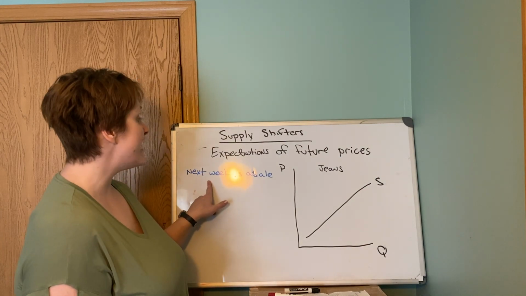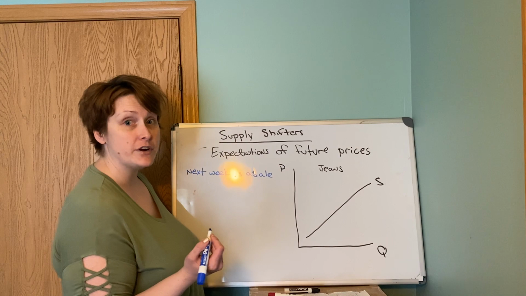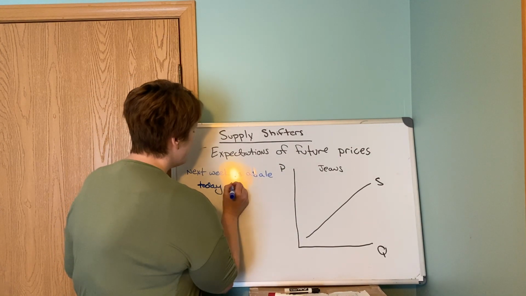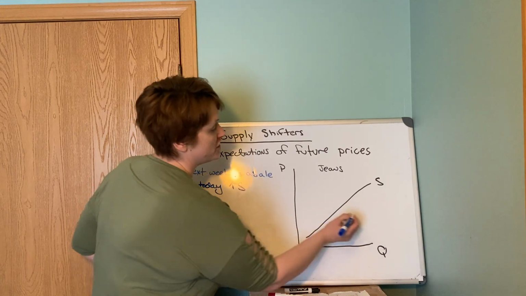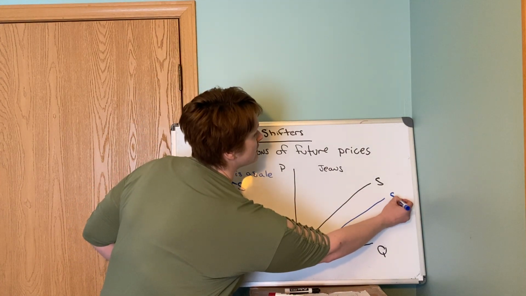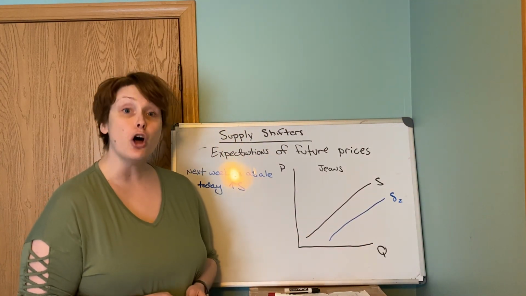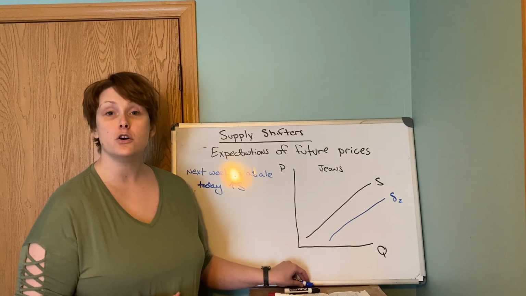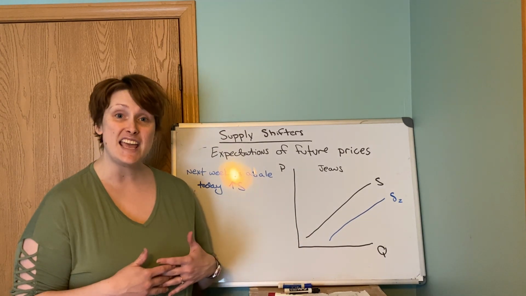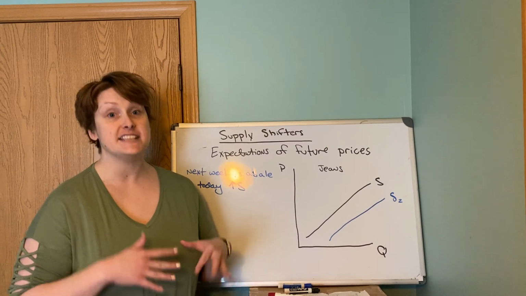So if we expect next week to be a sale, then today we're going to want to increase our supply. So today we increase supply and we shift this curve to the right. So if we have an expectation of a lower price, we're going to unload as much as we can before that price change occurs. So today we're going to have an increase in supply to get rid of as much as we can.